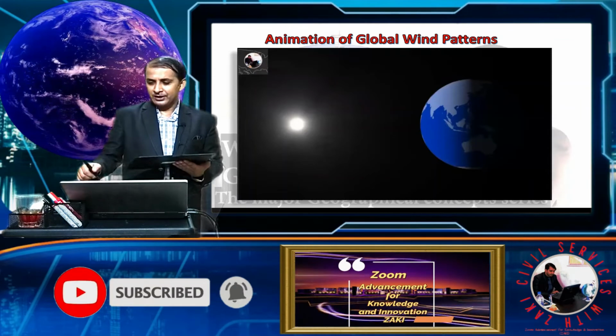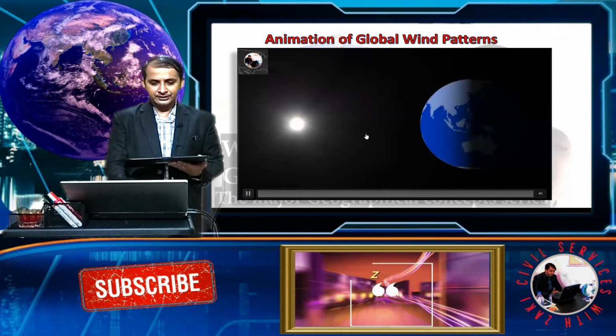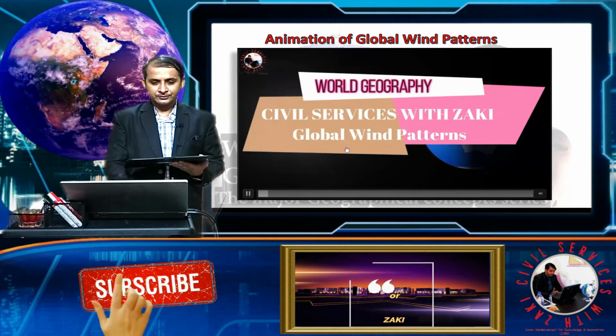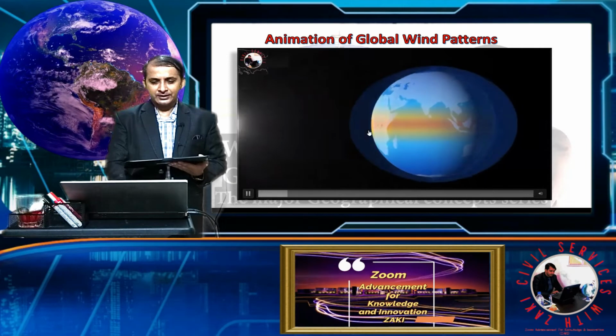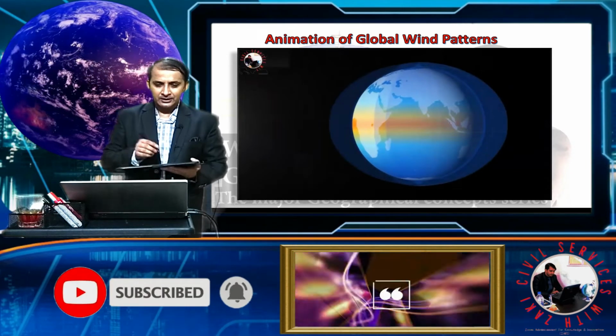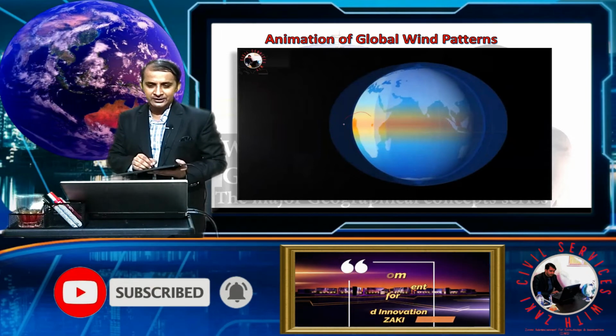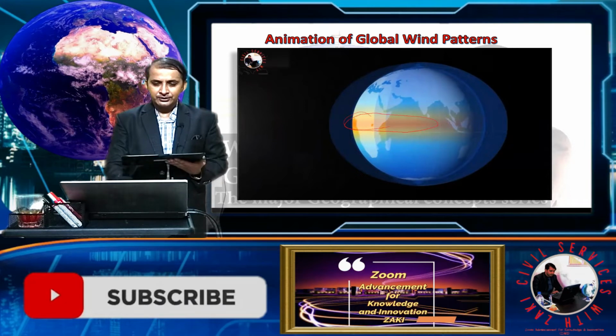See here, it is an animation of the global wind pattern. As we know, most of the solar radiation is received by the equatorial area.